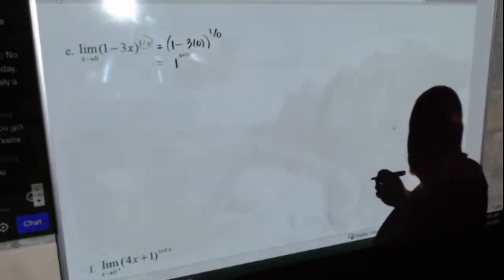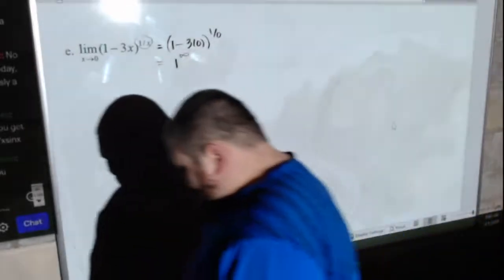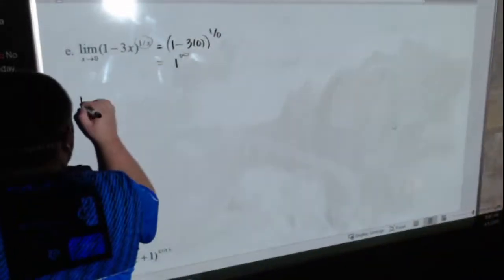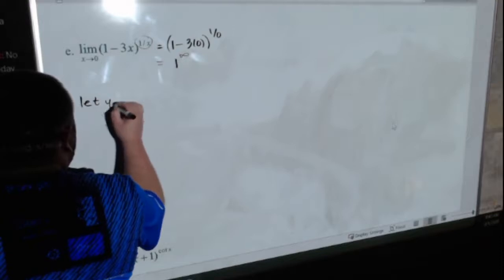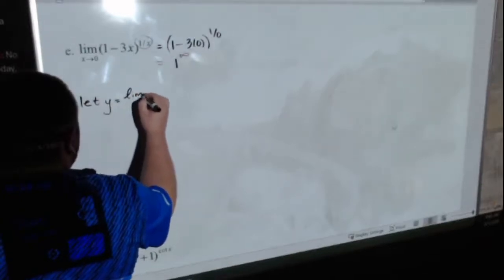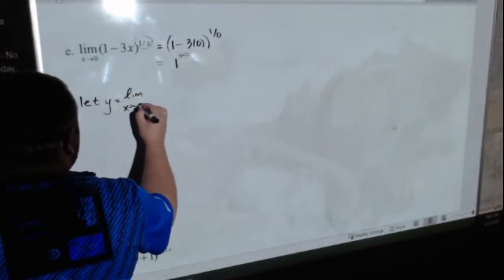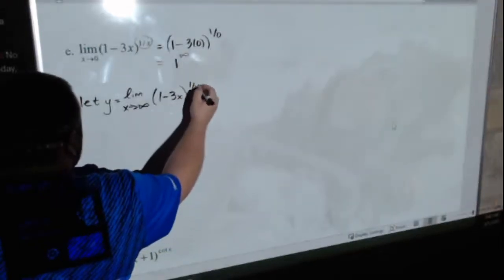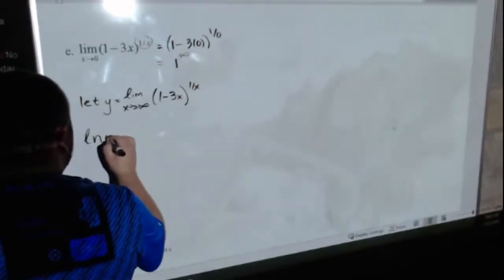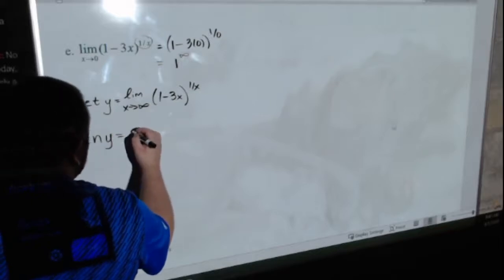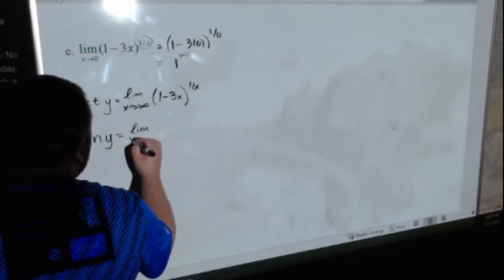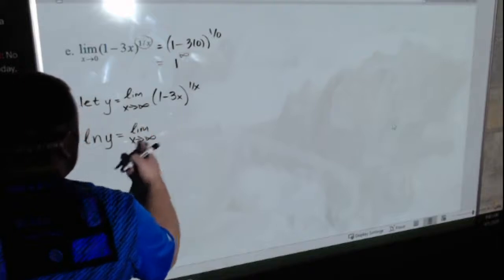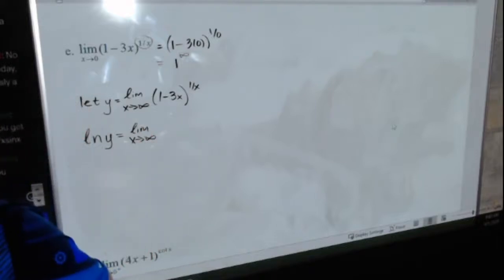So I'm going to say let y equal the limit, then I'm going to take the natural log of y. And remember that the limit is weird in that the limit can go in and outside of logs.